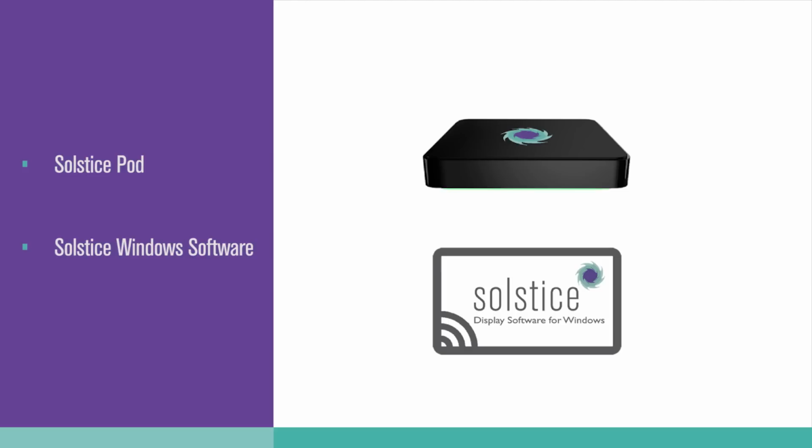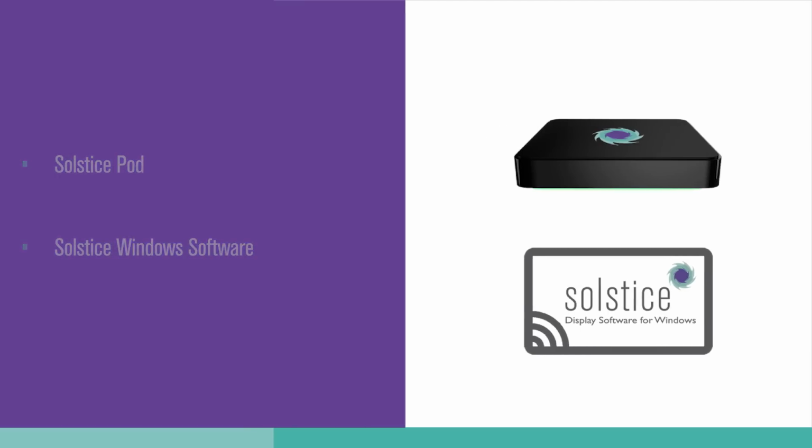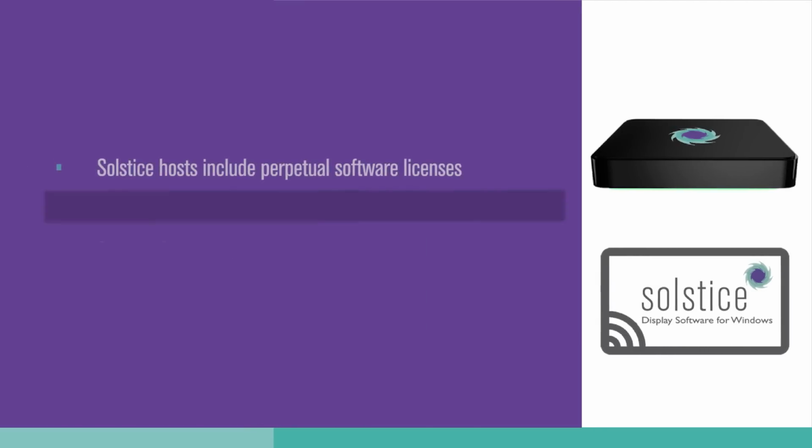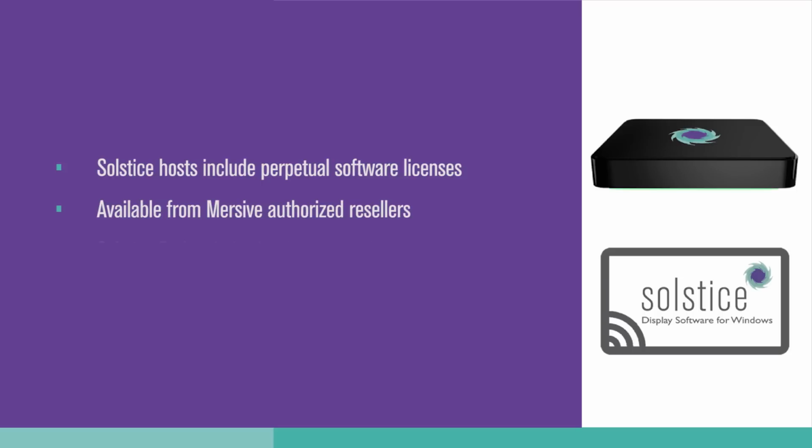These two Solstice display hosts include perpetual Solstice software licenses. With a perpetual software license, Solstice customers always have access to the software, unlike subscription licensing or software as service models. Both pod and Windows versions of Solstice are available for purchase from Mersive and via authorized Solstice resellers.